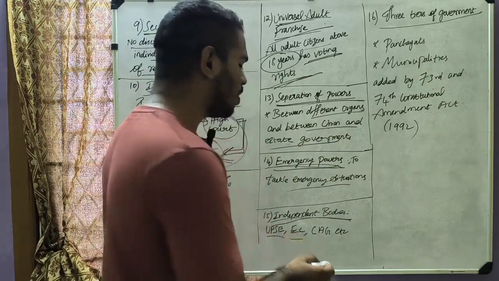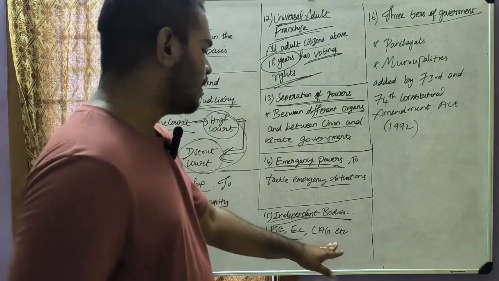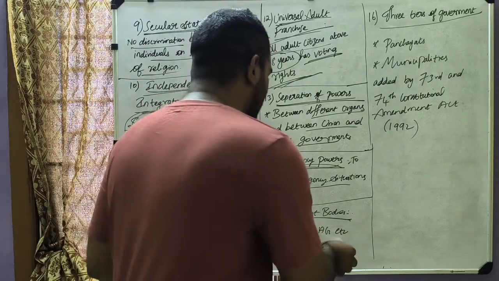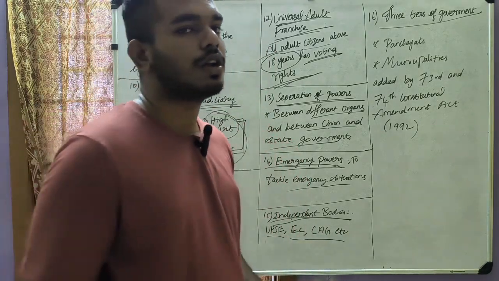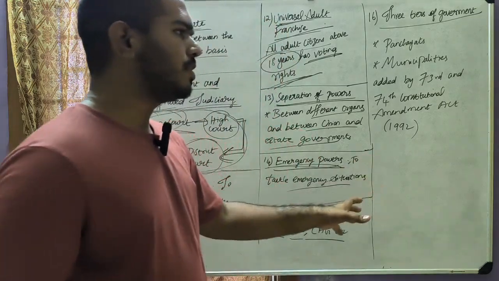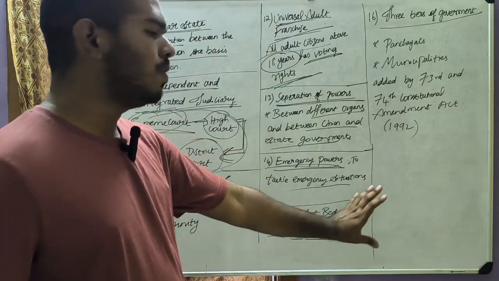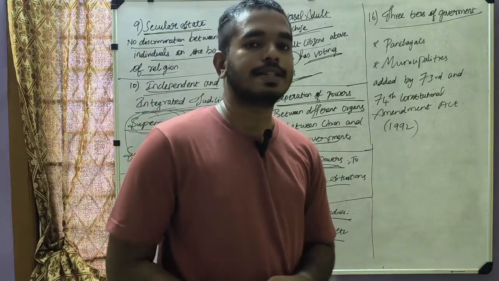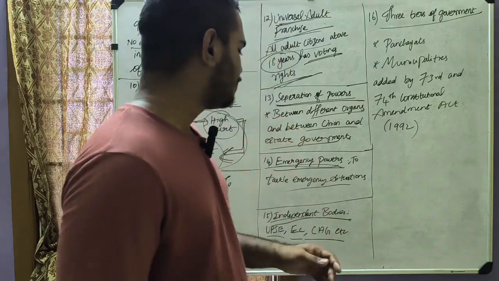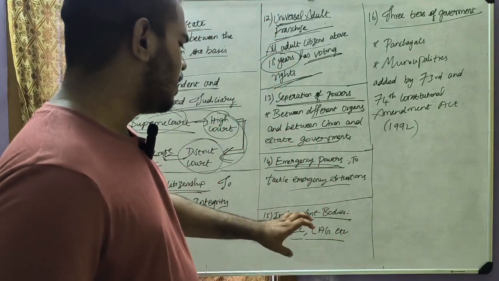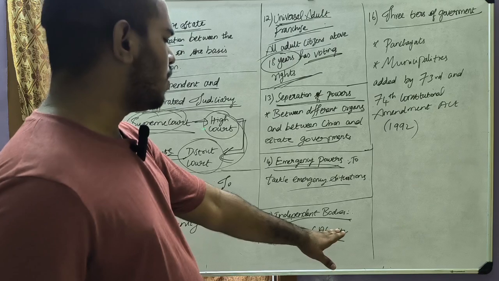Like the election commission, which functions as an independent organ, and the Comptroller and Auditor General of India, and other organs also function as independent bodies.